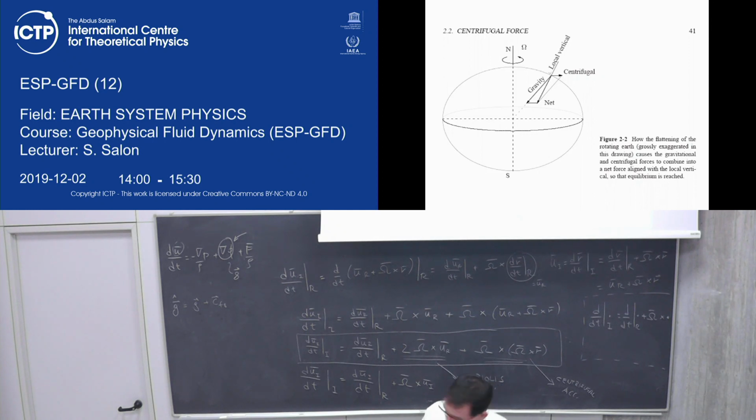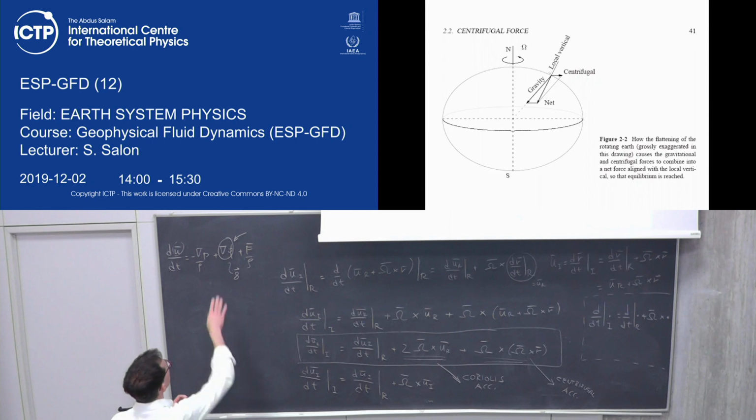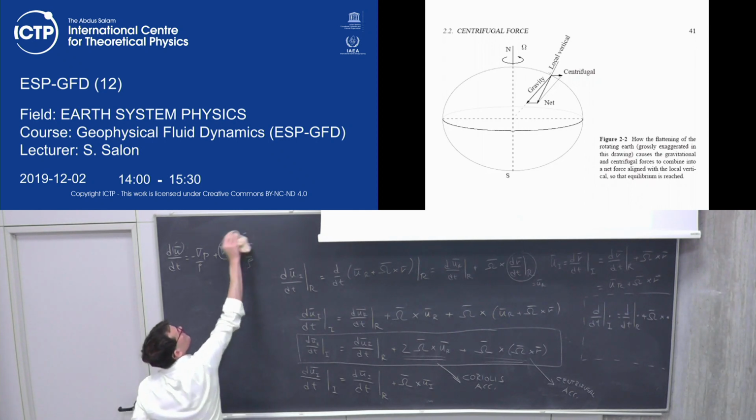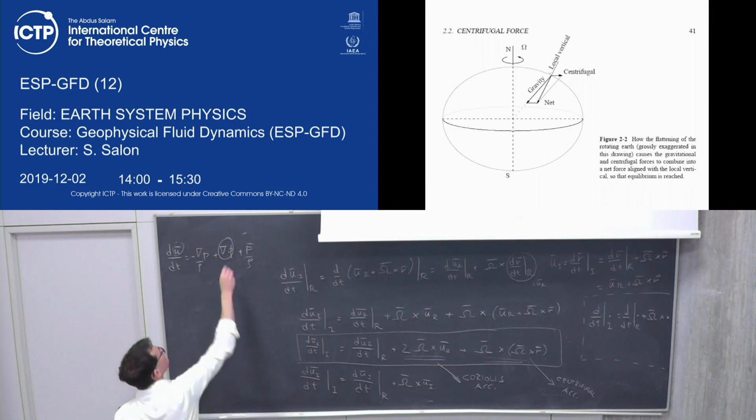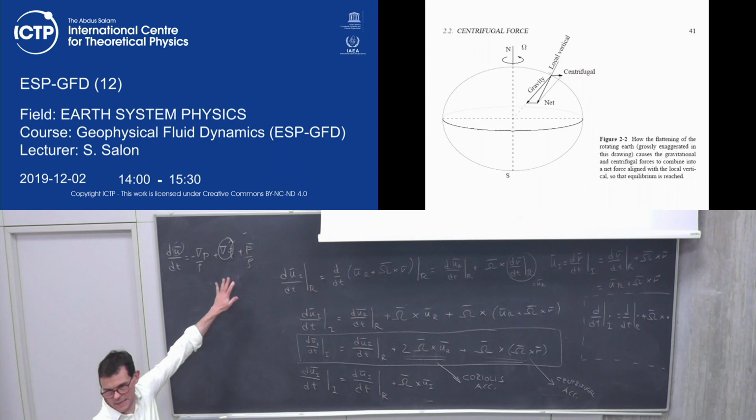So it's important to say that here the gravitation, if you like, we can put a hat here, but we won't care about it. It's important that you remember that here this term has the gravitational and the centrifugal term.